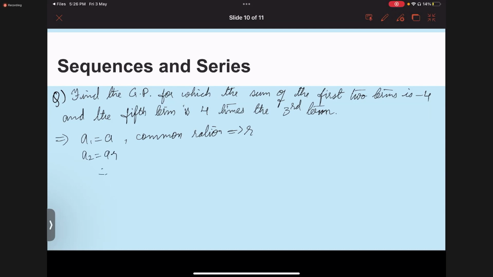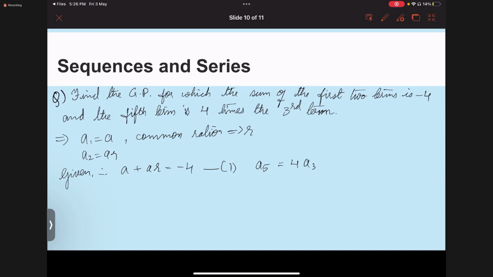So therefore A plus AR is equal to minus 4. So let this be your 1. Okay, so this is your given. And your next condition is that your fifth term, A5, is equal to 4 times A3.